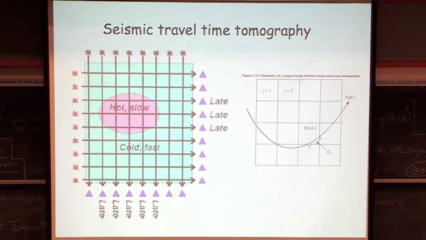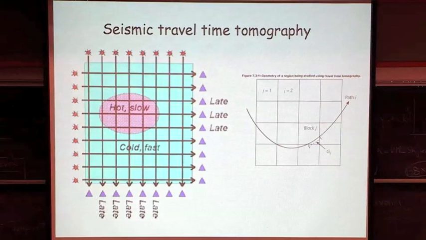of the body. So in this case, you see we have a background model in blue. It's here called FAST, but let's call it the background model. And we have a slow anomaly, and we have some sources here on these 2 sides and receivers on this side, which are measuring seismic waves or acoustic waves, or whatever, and travel times of these waves.